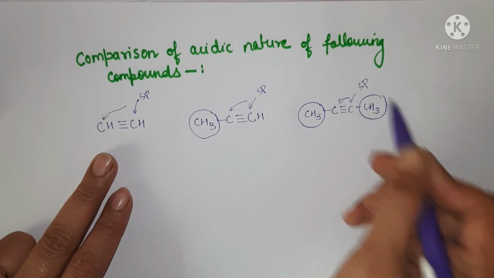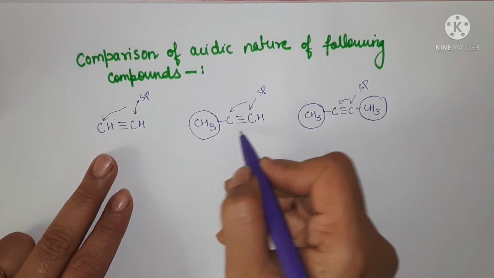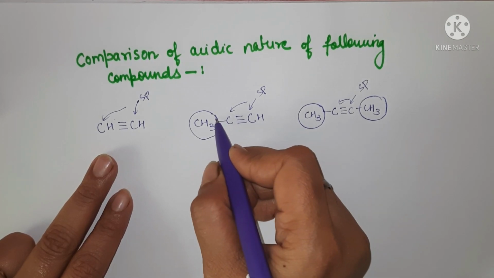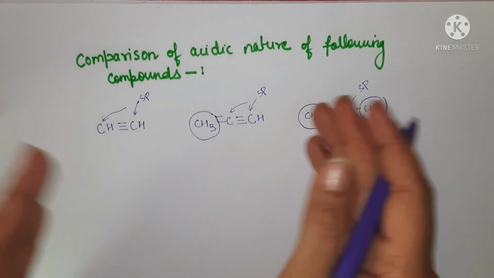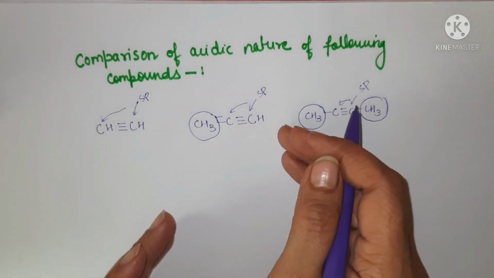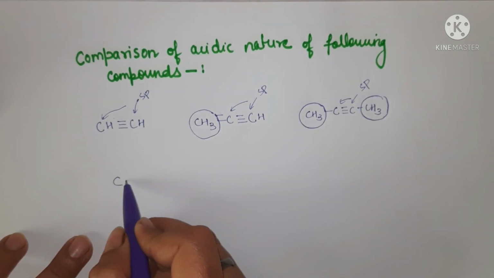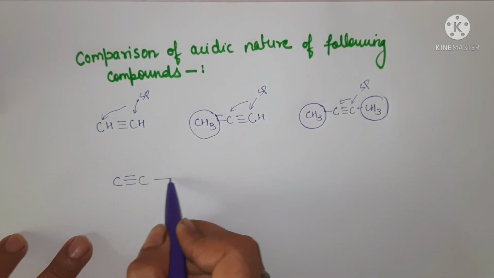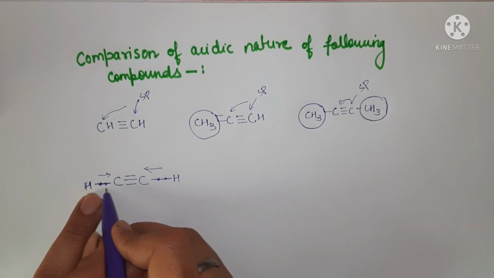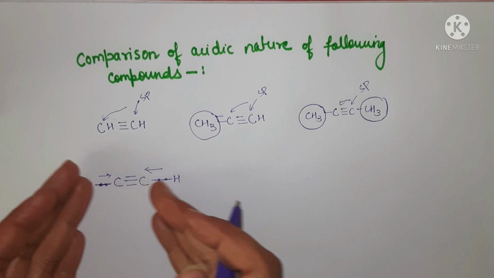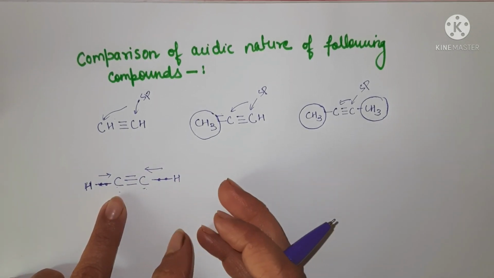As you know, these alkyl groups show the positive inductive effect: they give electrons toward the molecule if the molecule needs electrons. As I told you, the two electrons forming this bond are attracted more toward these carbons because these carbons are sp hybridized.